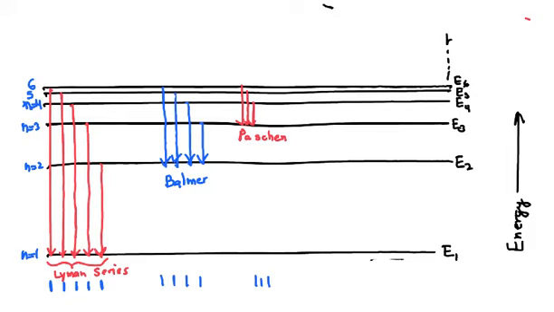Actually this extends up to very large values of n, you can say up to infinity, where the energy of the nth orbital finally goes to 0 electron volt. So for n equals infinity, the value of the energy level is 0.